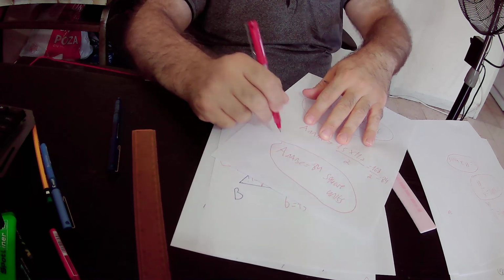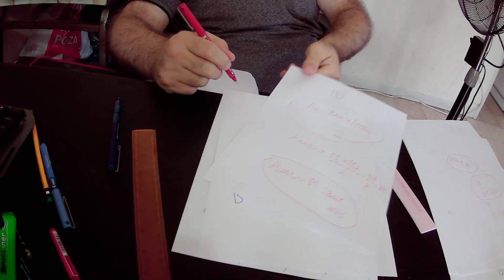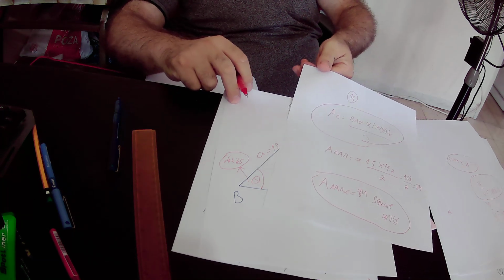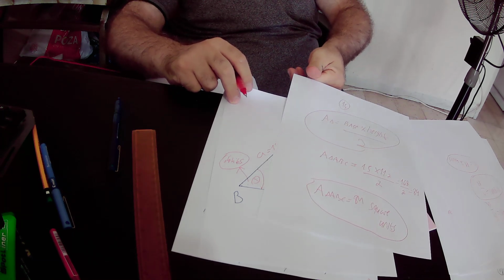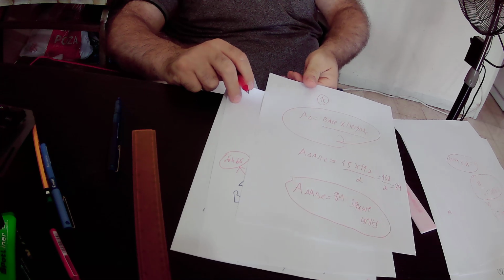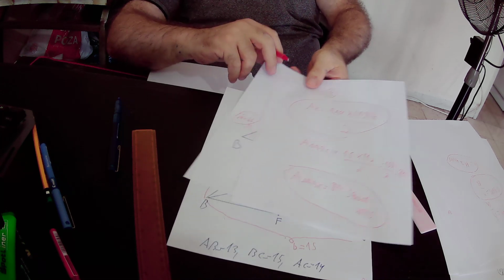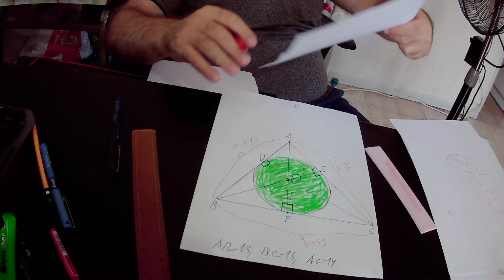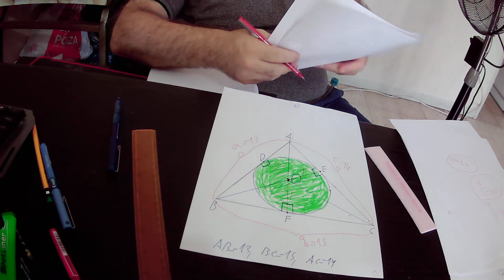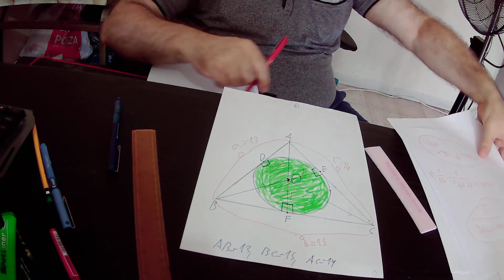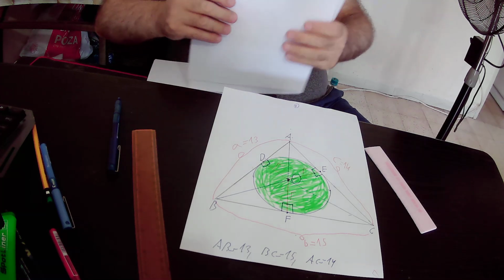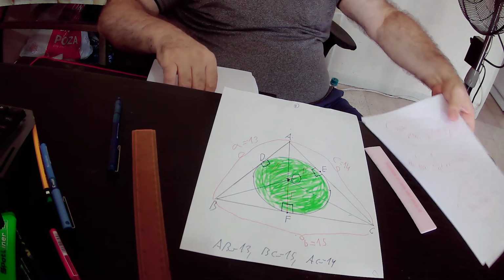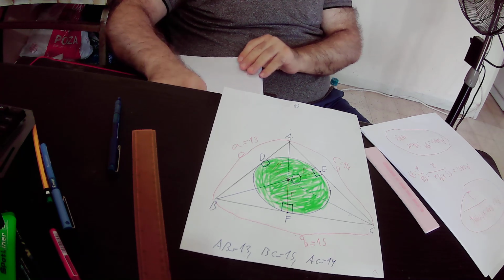So we found the area of triangle ABC in the second method. In the next step we will find the area of triangle ABC in the third method.